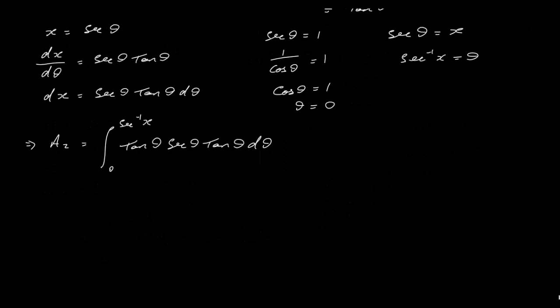Now we can tidy that up a little bit. We've got 0 to sec inverse x of tan squared theta sec theta d theta. Okay, so what we've got to do next is just integrate by parts. So let's start that process.